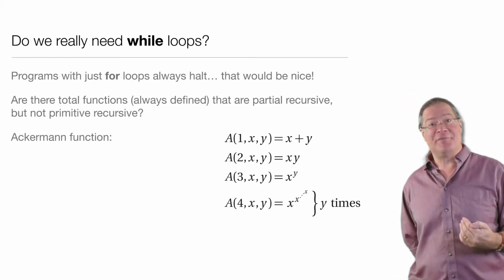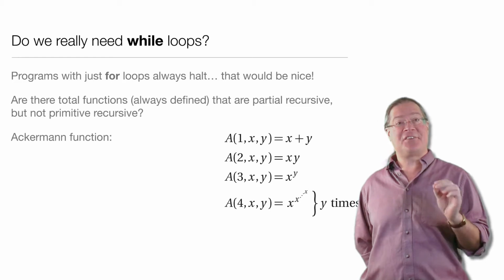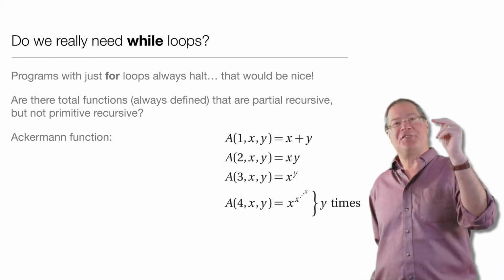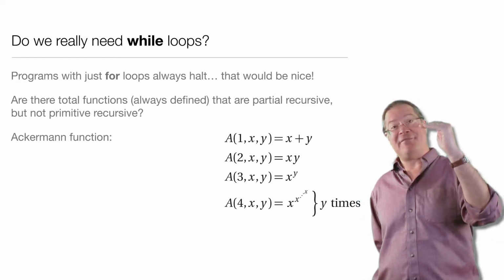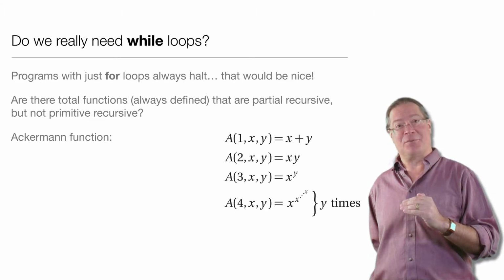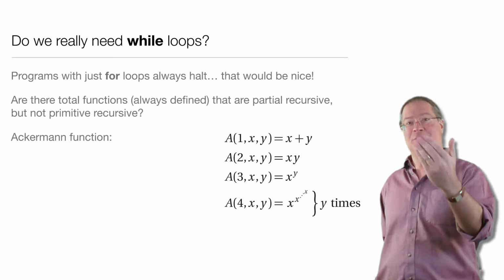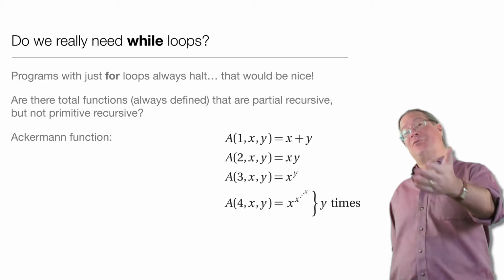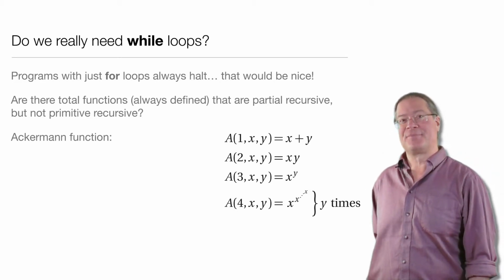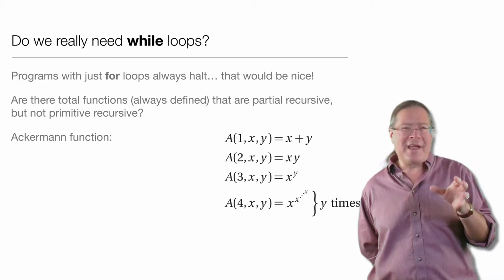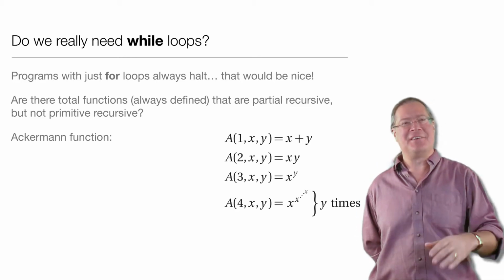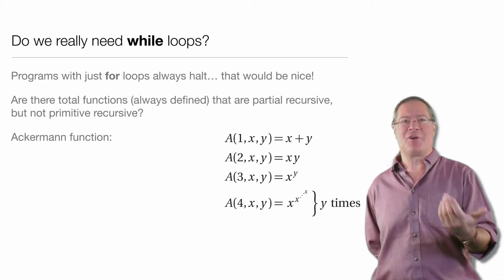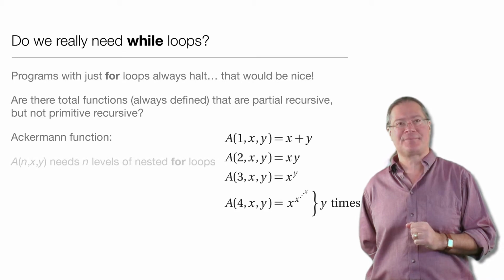Well, the Ackermann function is rather cute. It takes 3 inputs, and the first input tells us what level of these inductive functions we're going to apply: addition, multiplication, exponentiation, repeated exponentiation, and so on. By the way, this is not quite how the Ackermann function is defined originally, but I think it gets across the idea of what it's trying to do.